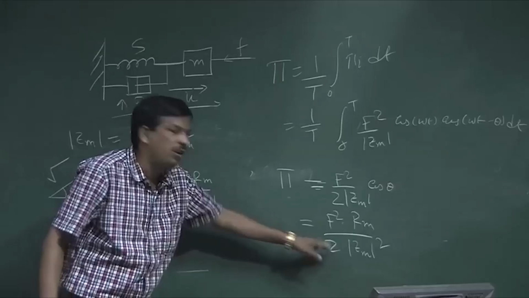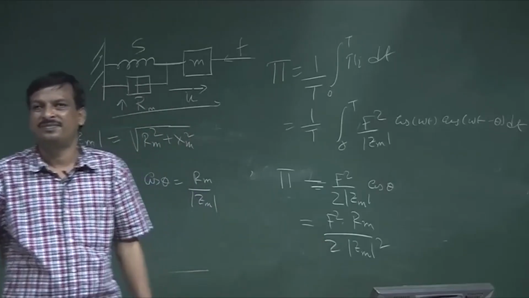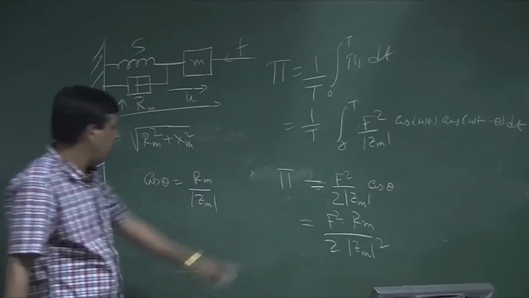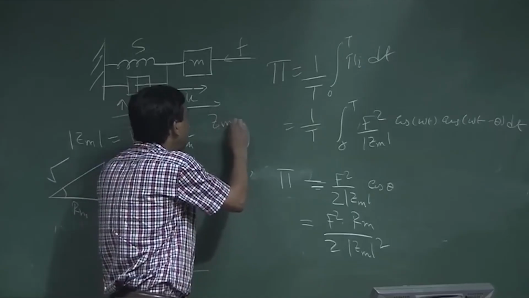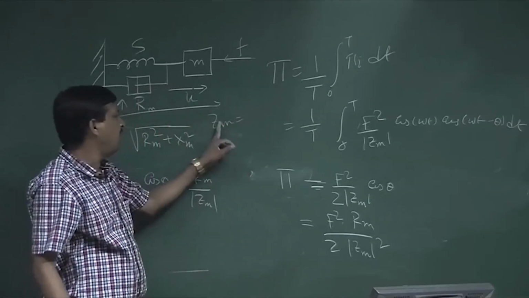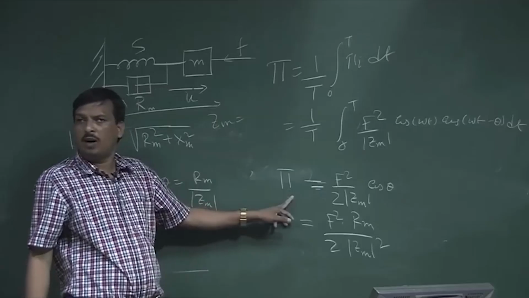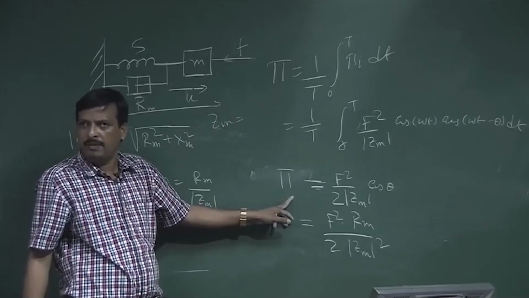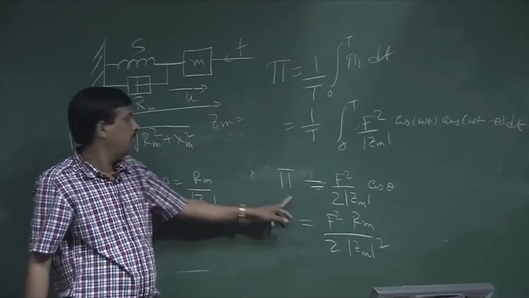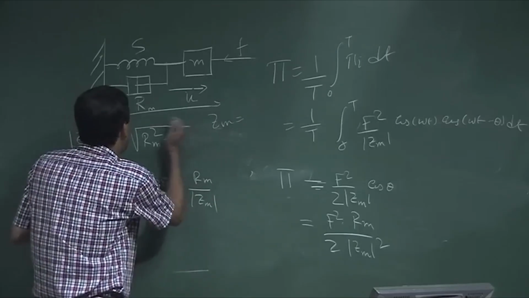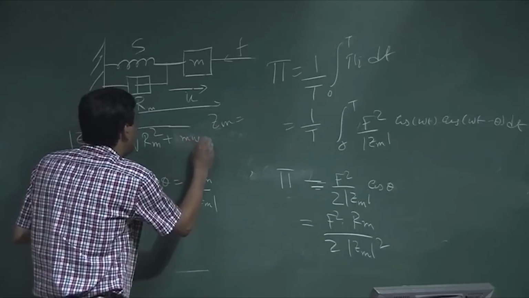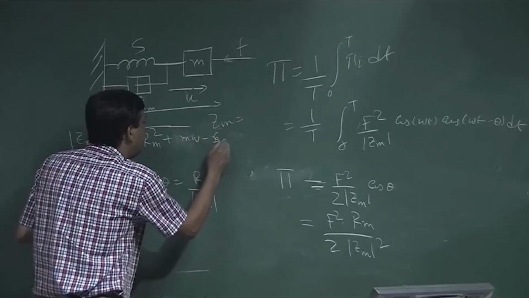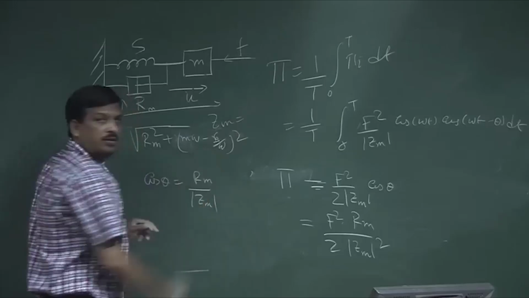When will the average power be maximum? When Zm will be minimum. If mod of Zm is minimum, then the average power will be maximum. What is mod of Zm? Root of Rm square plus (omega m minus s by omega) whole square.